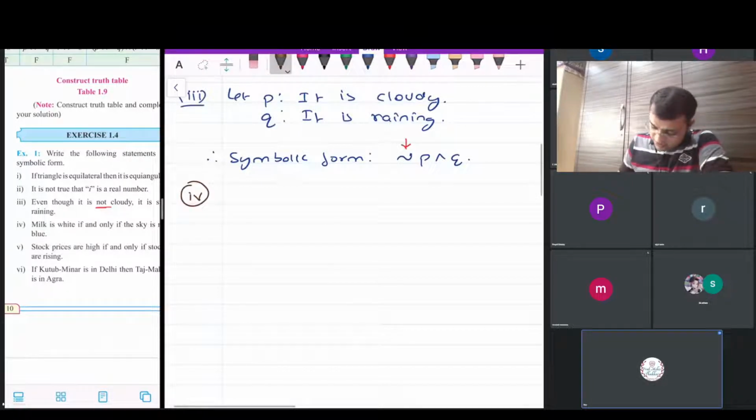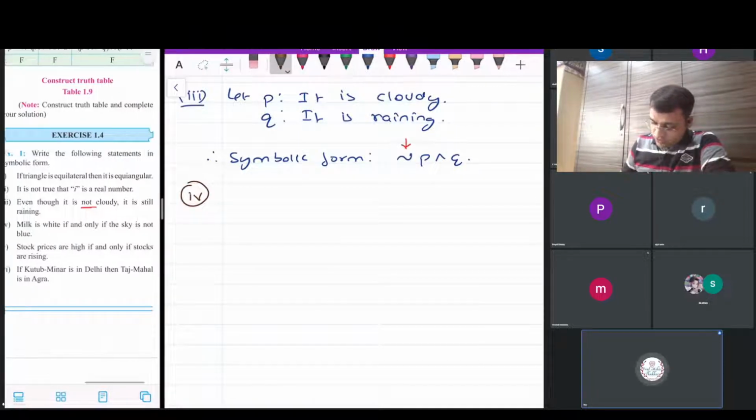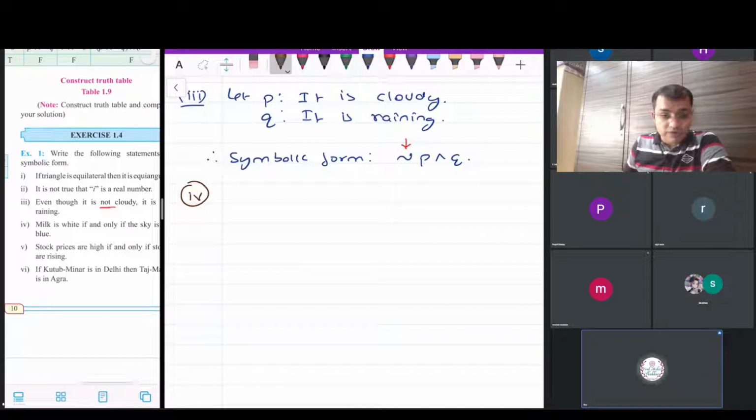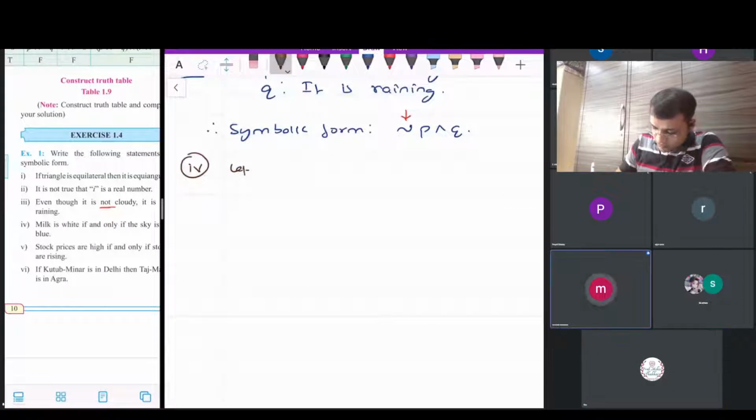Let us see the fourth one quickly. What is it? Milk is white if and only if the sky is not blue. So again you are given "not blue", so I will not consider Q to be a negative statement. "Not" we will be considering in the symbolic form. So what should be P and Q? Come on. Let P denote, yes, good.